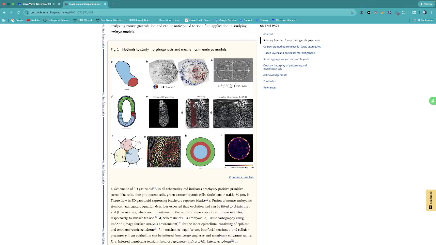In F, you have mechanical equilibrium, where interfacial tensions T and cellular pressures P in an epithelium can be inferred from the vertex angles and membrane curvature radius. So you can see this unrolling process, where you can look at the shape of the cells and infer the forces. So it's not just about putting them on a grid where it's deformed.